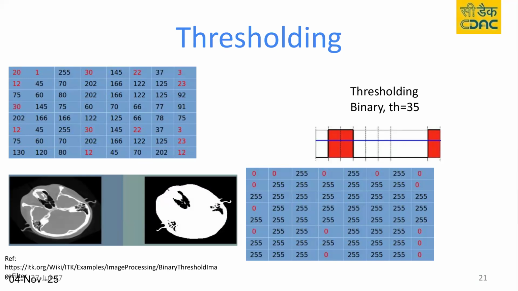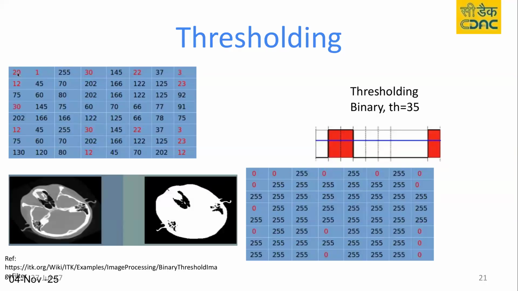So before the deep learning or artificial intelligence era, we used many pre-processing techniques to detect anomalies from the input image. One such method is called thresholding. So I am doing thresholding with threshold value th equal to 35. If you have an input matrix like this, threshold value equal to 35 means any number less than 35 in this input matrix will be converted to 0 in the output matrix.